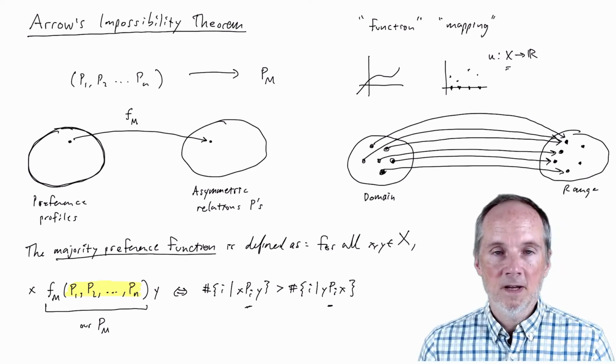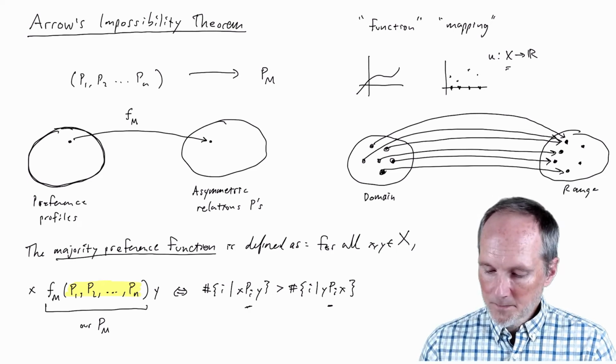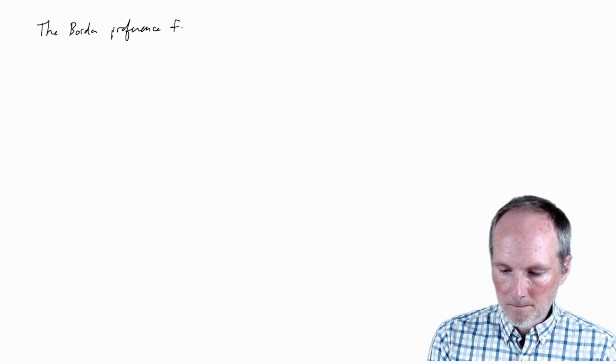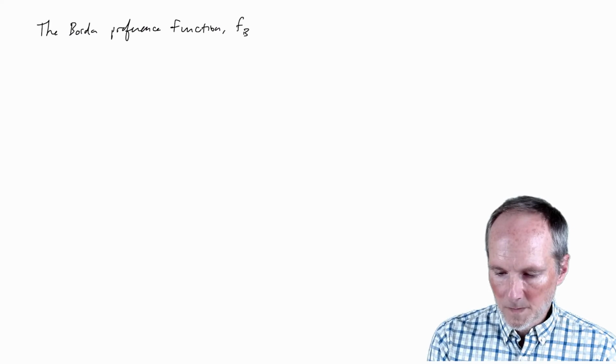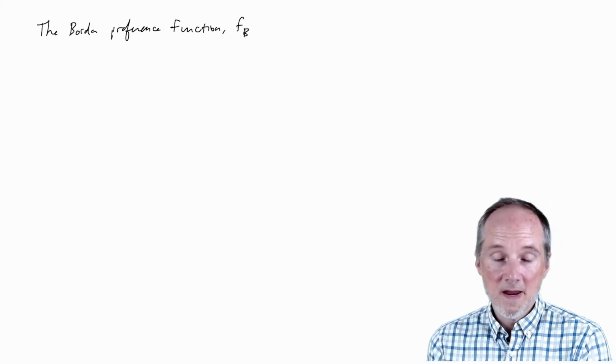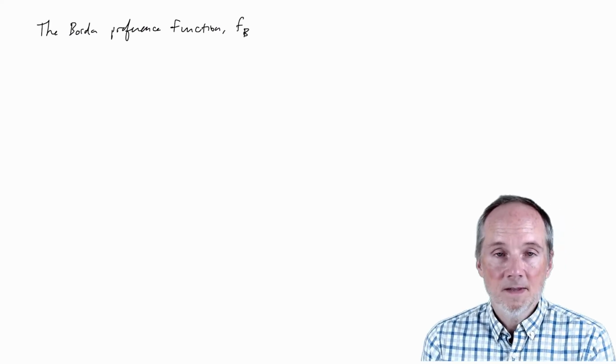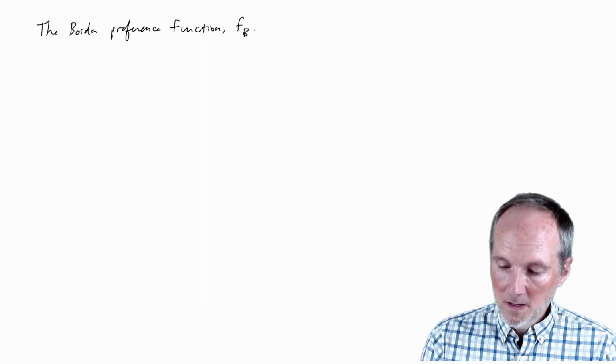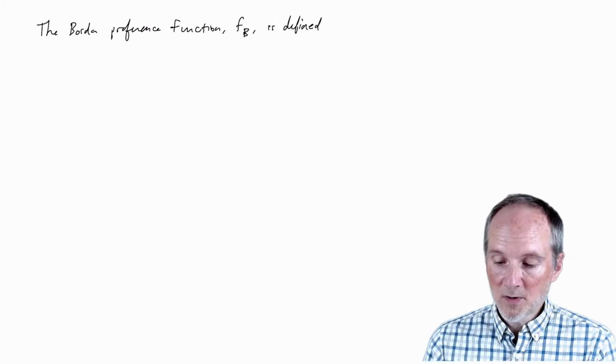Same with Borda. We can think of the Borda preference function, and I would just use a subscript b, but it would be defined the same way, the same way as we defined Borda before.